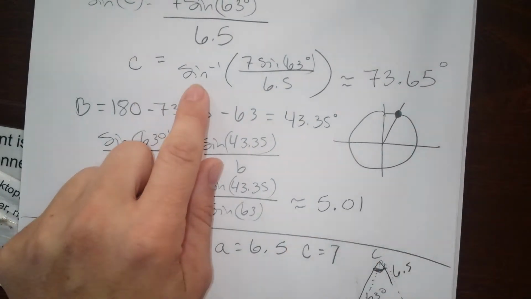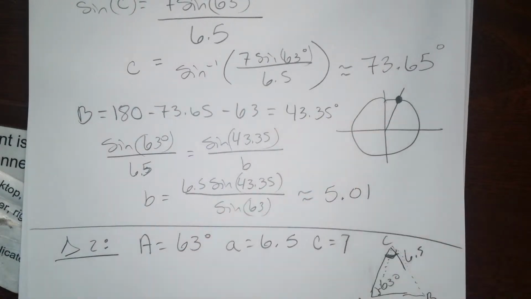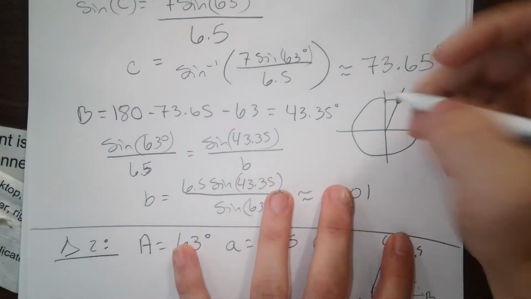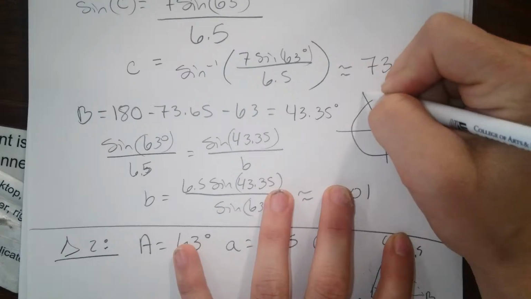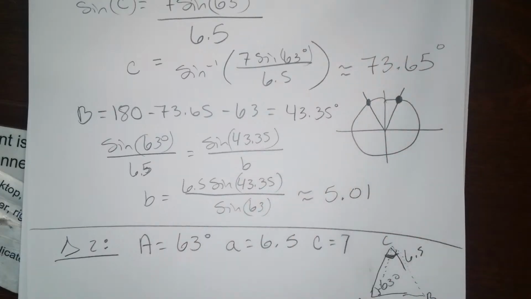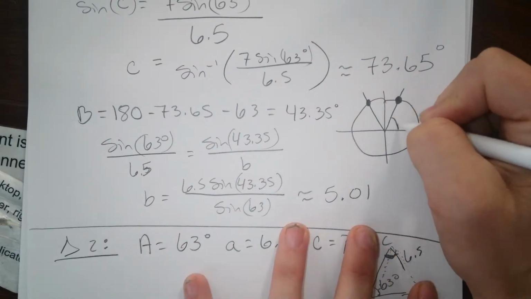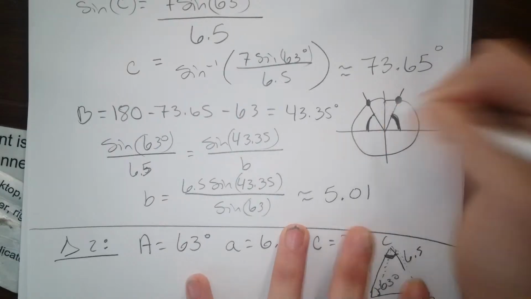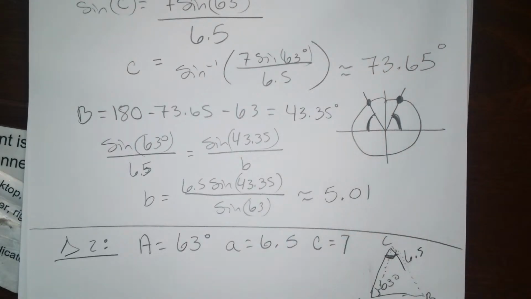And we're talking about sine. Where else will sine give me the same y value? In the second quadrant, over here. Just reflect it over. So guess what? This length and this length are the same because it's just a reflection.